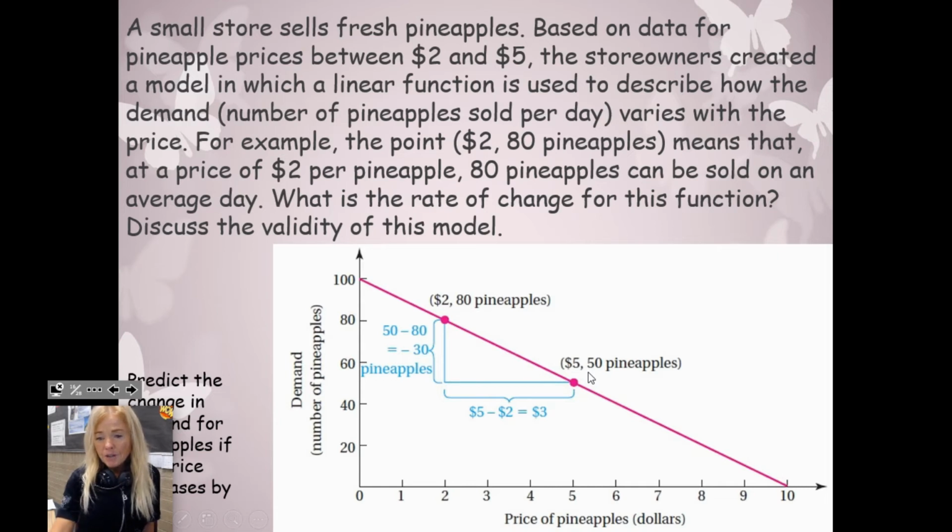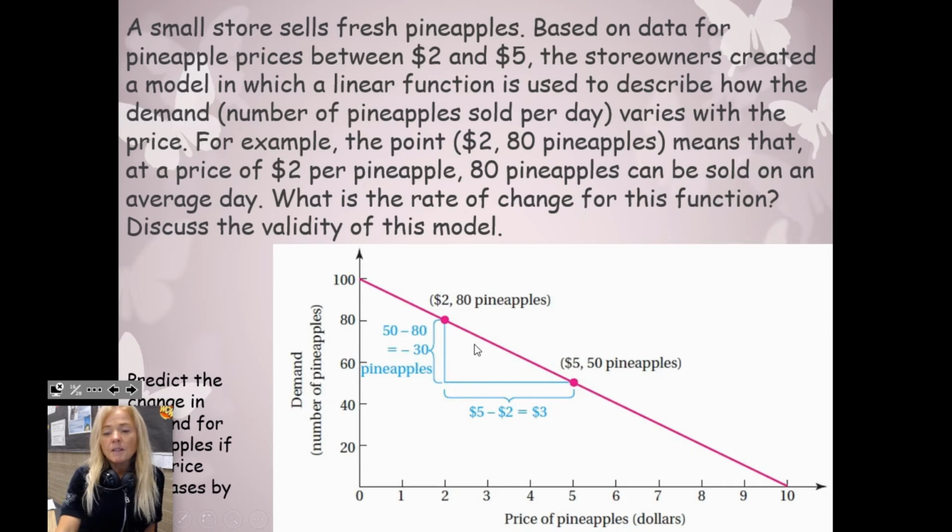Well, the rate of change: if I take the difference between dollars, the horizontal change is $3. And then in pineapples, you start at 80 and move to 50 vertically. So it's 50 minus 80, which is negative 30.